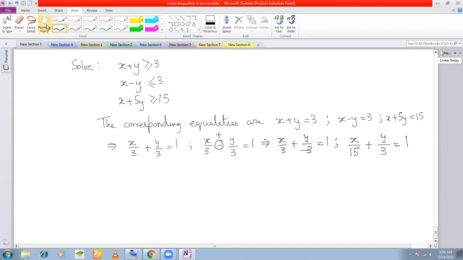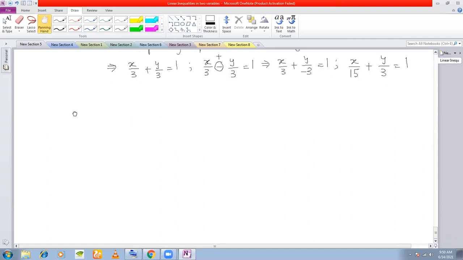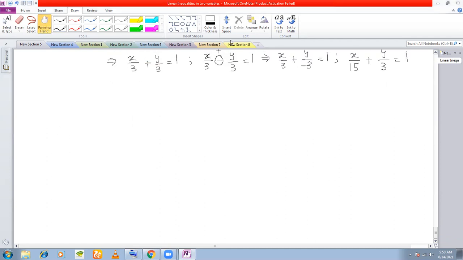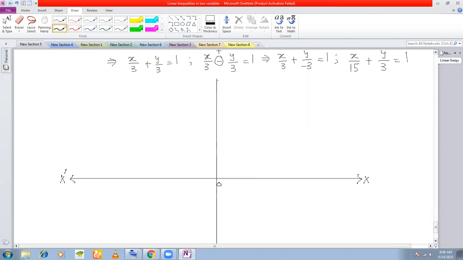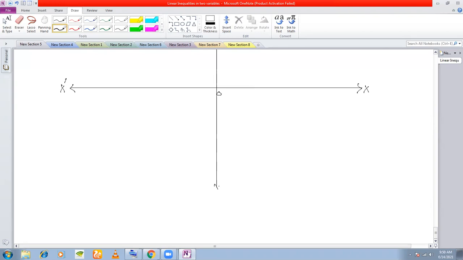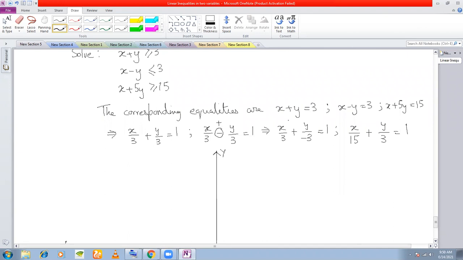Okay. So now we can graph these. For the first one, x plus y is equal to 3.